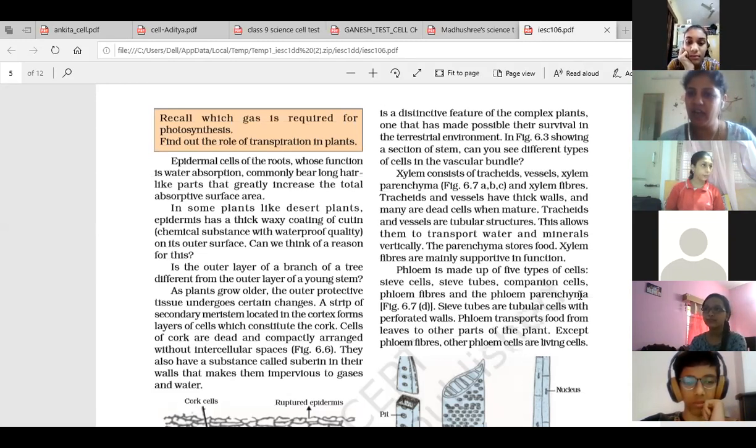So to bear that extreme heat, trees bear more leaves, because more leaves means more stomata, more stomata means more transpiration, and more transpiration means more cooling effect. This is the reason why plants shed their leaves in autumn and start bearing new leaves in the summer season.